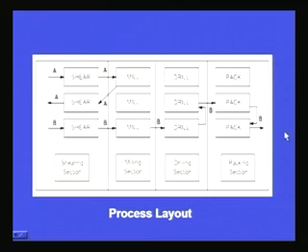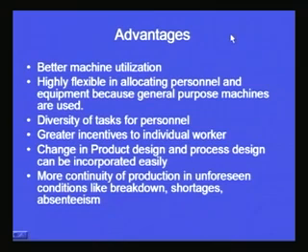So what are the salient advantages and disadvantages of this type of layout? Let's try to understand. The advantages are better machine utilization. So machine utilization is better in a process type of layout. It is highly flexible in allocating personnel and equipment, because general purpose machines are used. So there are no dedicated machines like in the product type of layout.